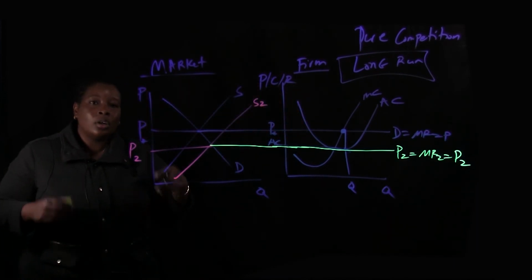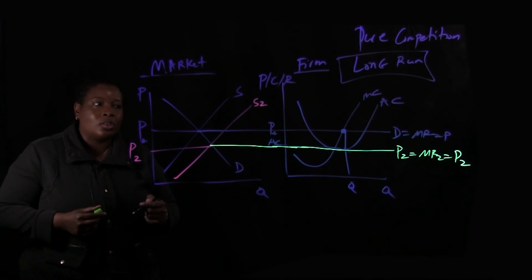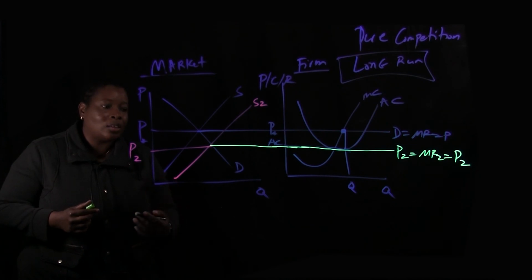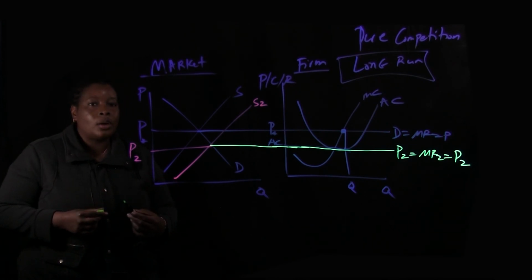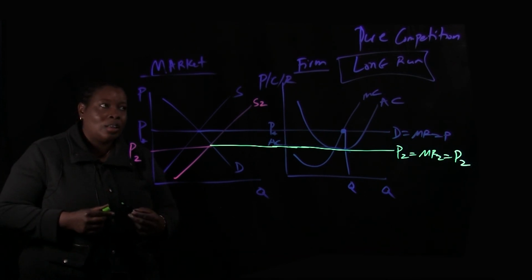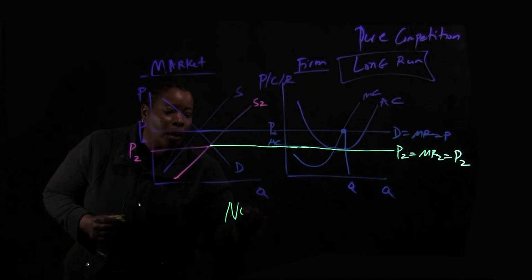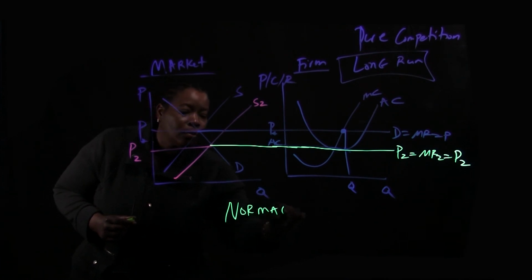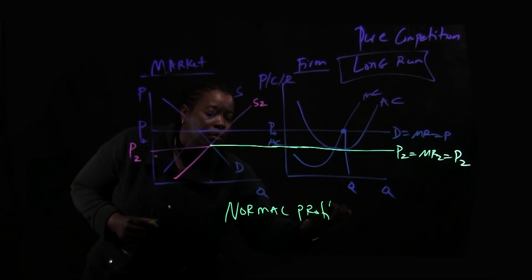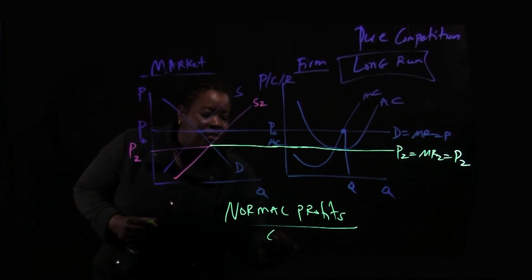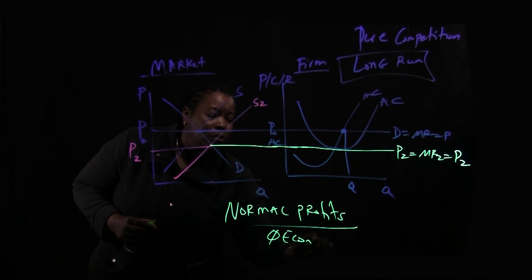Which means they're no longer going to make profits. Firms are going to keep on entering and entering and entering until they compete away all the profits. In the long run, a purely competitive firm is going to end up with what we call normal profits. Another name for this is zero economic profits.